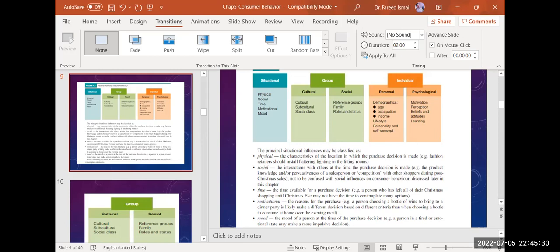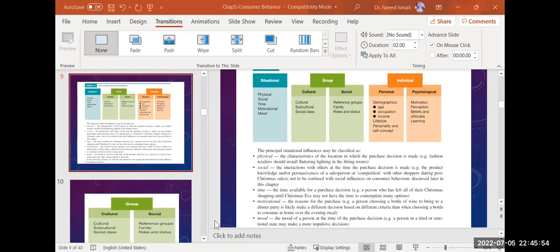Let's go for the first one, physical. Physical reflects the characteristics of the location in which the purchase decision is made. For instance, fashion retailers should install flattering lighting in the fitting rooms. That will influence how consumers make up their decisions, right?